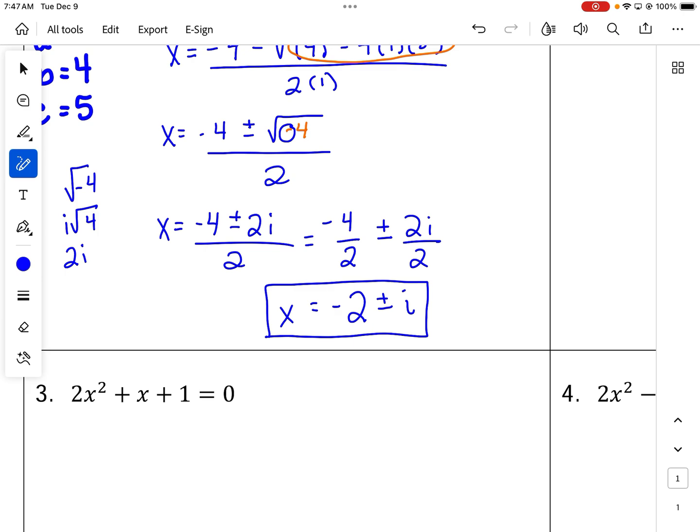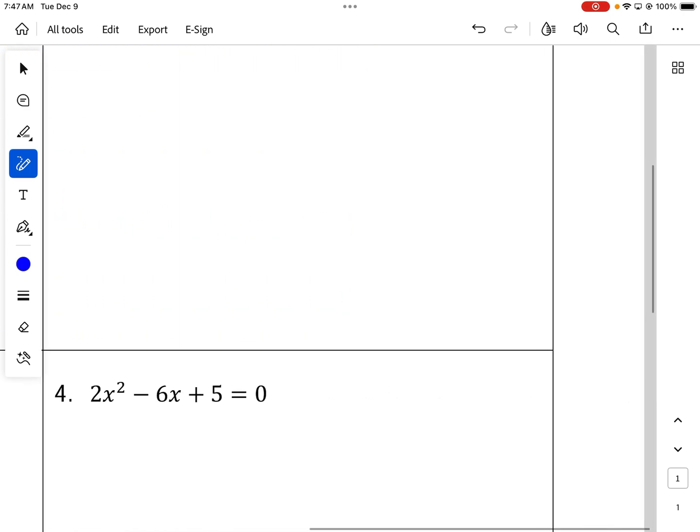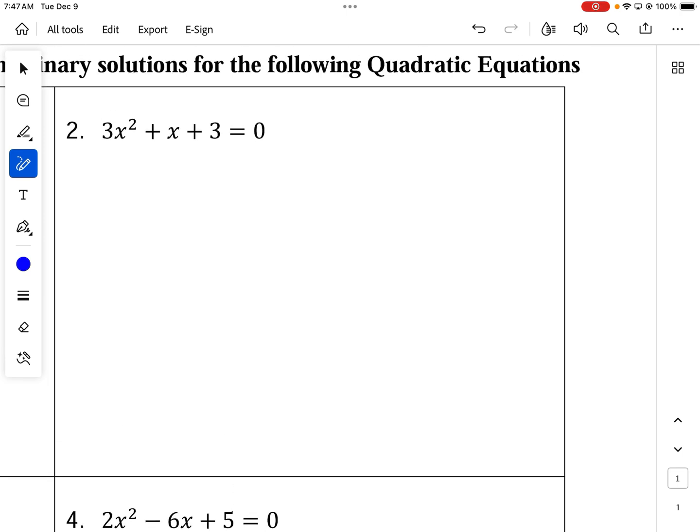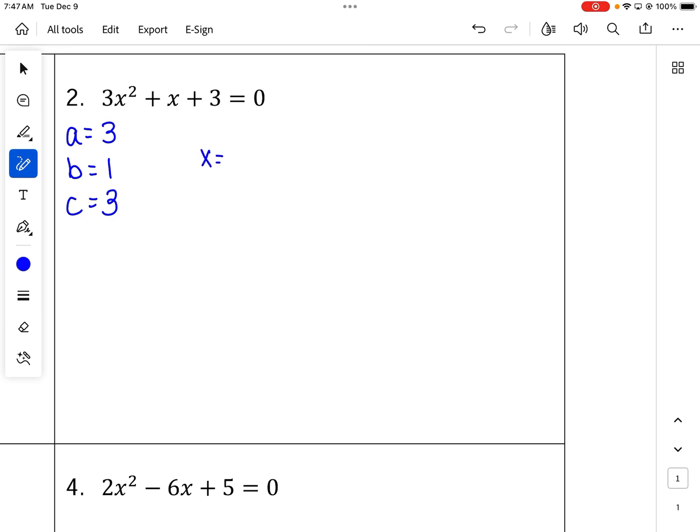All right, let's go ahead and look at number 2. Let's label a, b, and c. And then look back at your formula so we can plug everything into the formula.